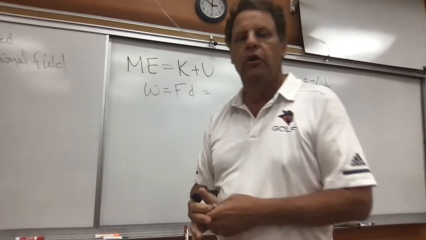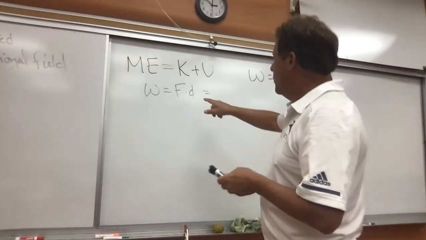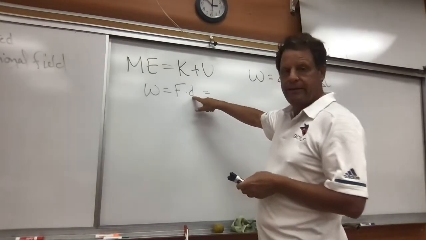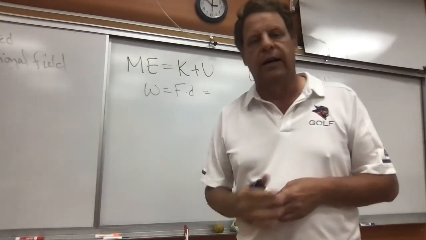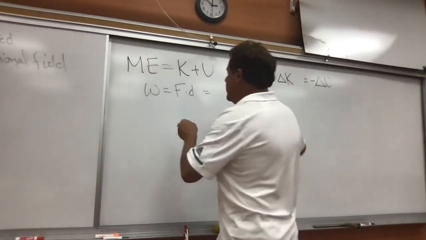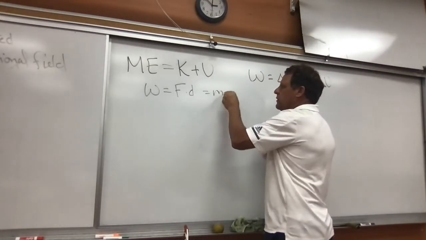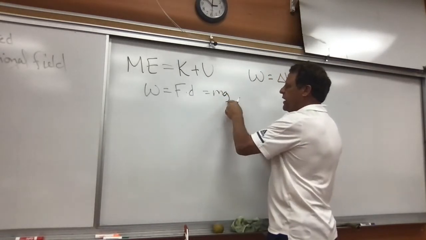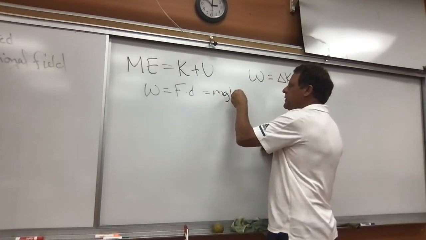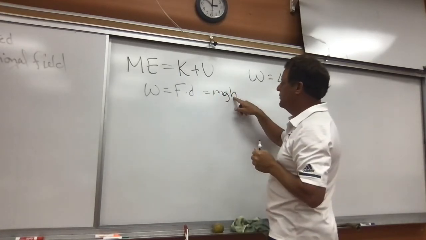Now, normally on the surface of the Earth, we would say that the force is mg, and this distance would be h, so that's force times distance.